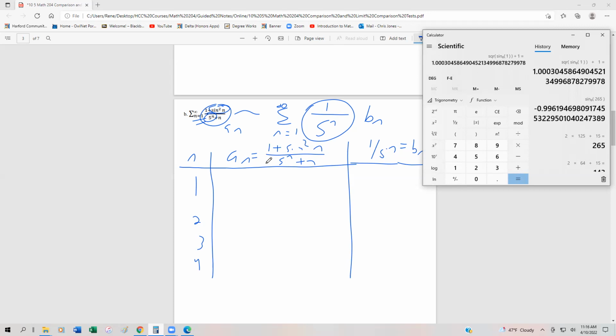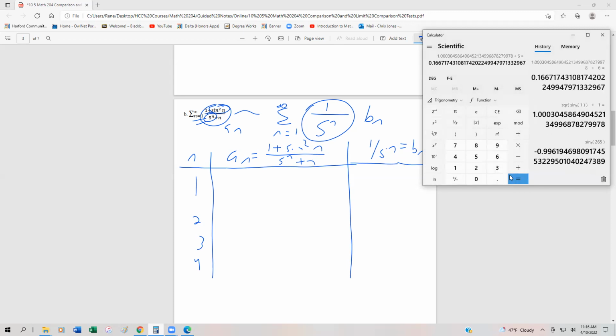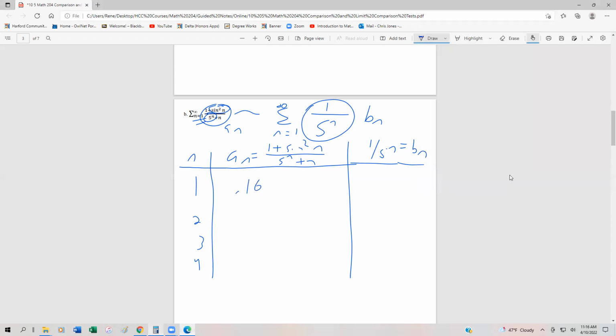Then we divide it by 5 plus 1, which is 6. Approximately, we get 0.166. Over here, when we substitute 1 in, that's going to be 1/5, which is 0.2. So we know that 0.166 is less than 0.2.